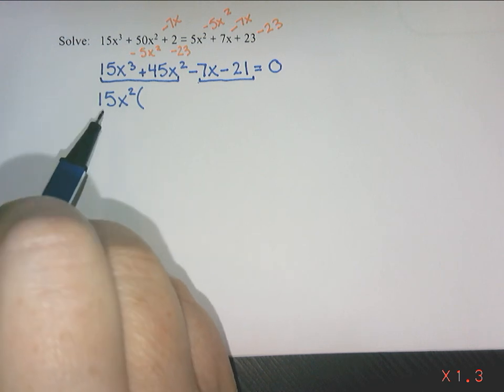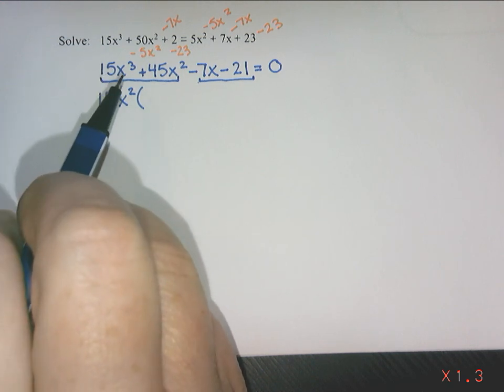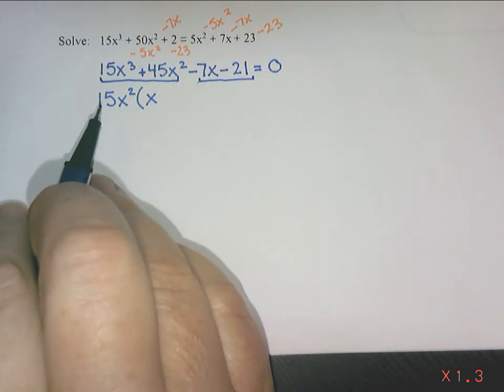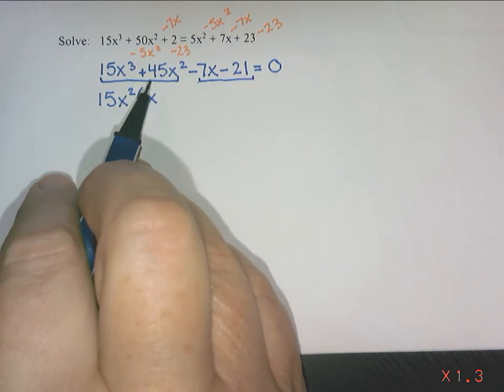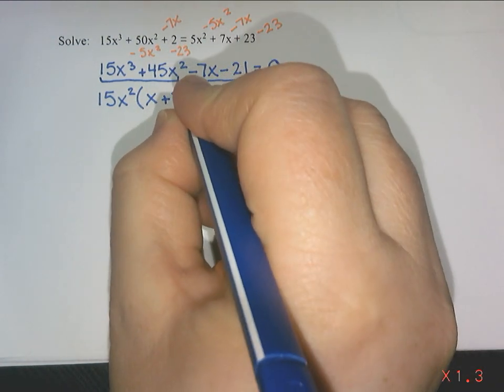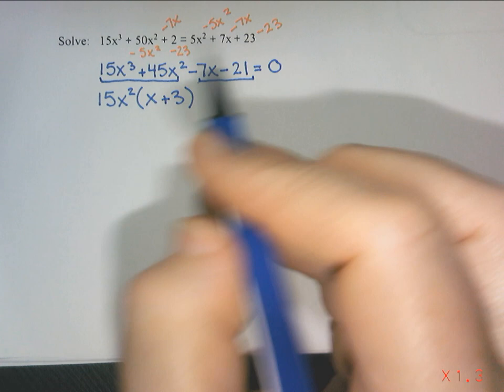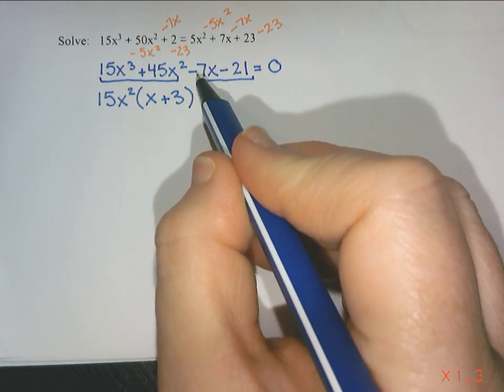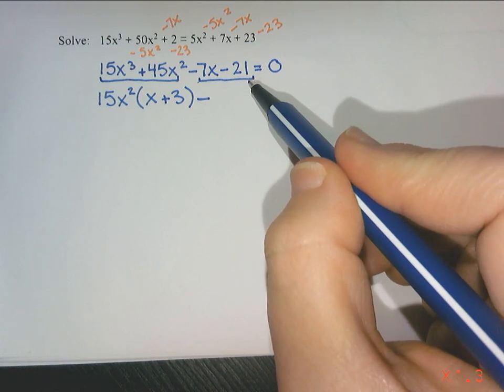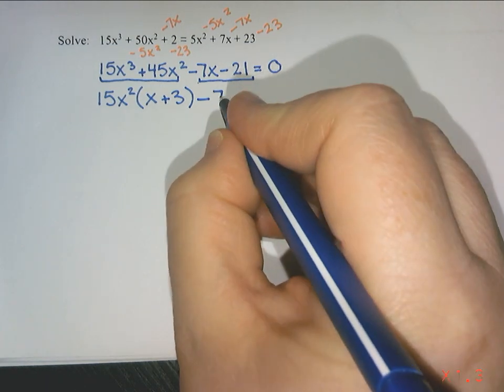Okay, I would need to multiply 15x squared by another x to get 15x cubed. I would need to multiply 15x squared by 3 to get 45x squared. All right, the sign always stays from the middle here, so this is a minus. 7x and 21 both divide by the number 7.